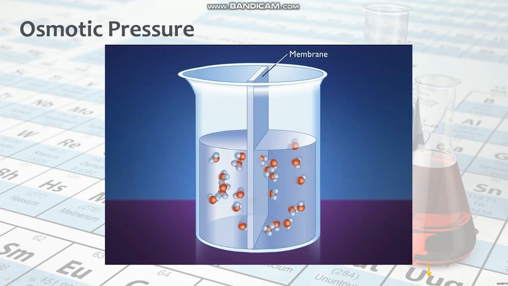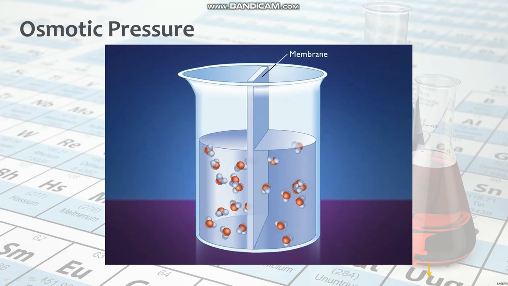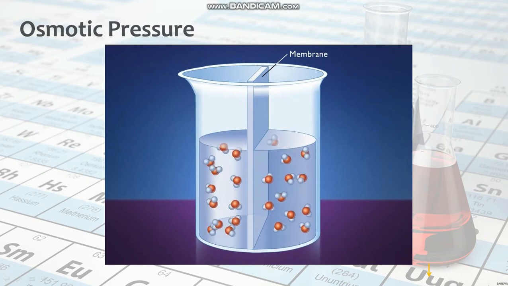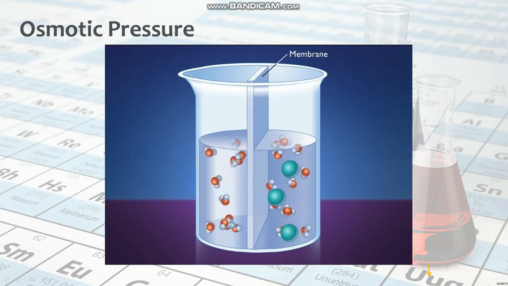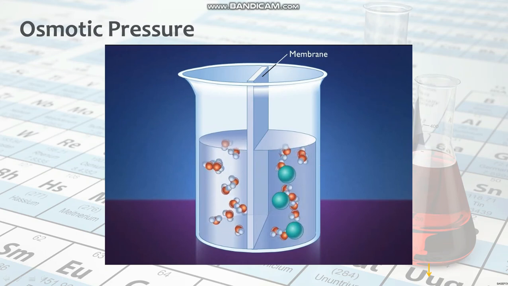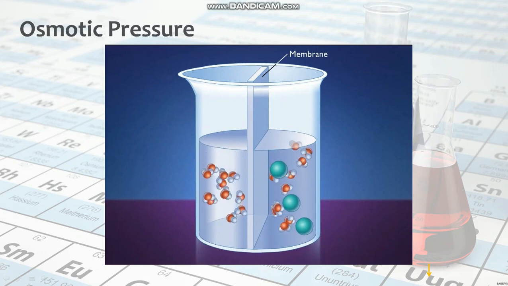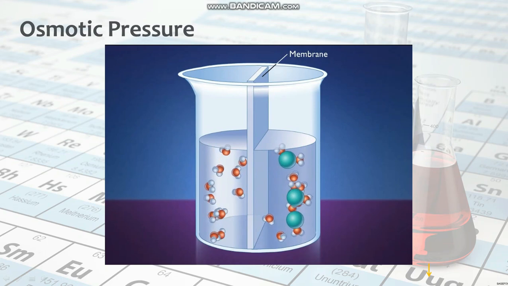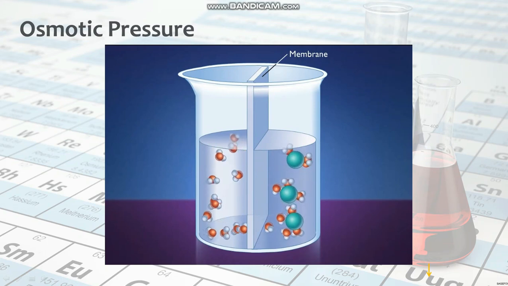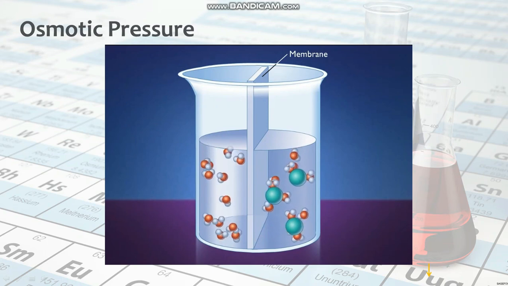A special case of diffusion that involves the movement of water molecules across a membrane is called osmosis. If a molecule such as urea is added to one side of a membrane, it will not be able to diffuse across the membrane because it is both large and polar. Because of its polar nature, it will interact with other polar molecules such as water. This interaction reduces the number of free water molecules on the right-hand side.